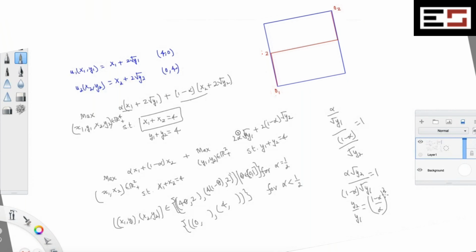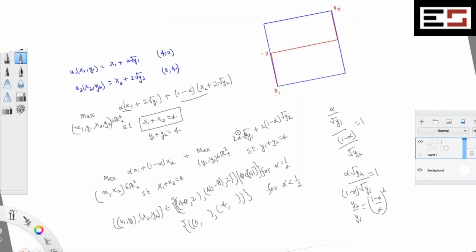Yes or no? Now notice that alpha is less than half. So 1 minus alpha is greater than half. So 1 minus alpha upon alpha is greater than 1. So y2 by y1 is greater than 1. That means y2 is greater than y1.